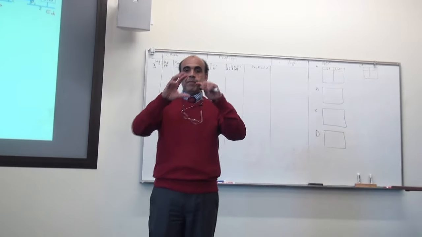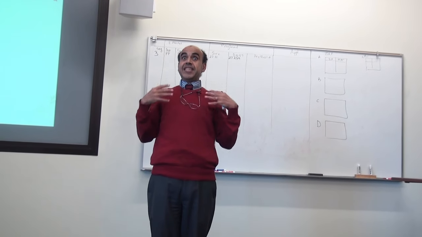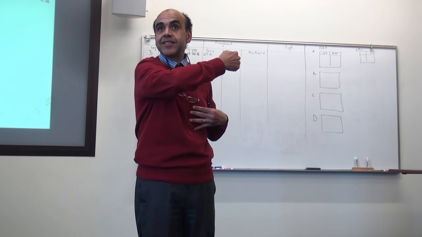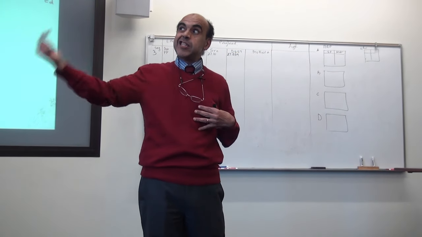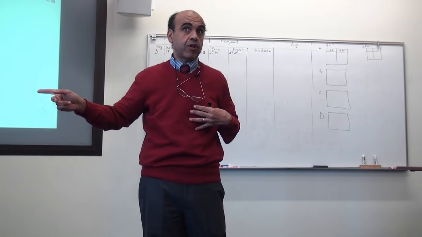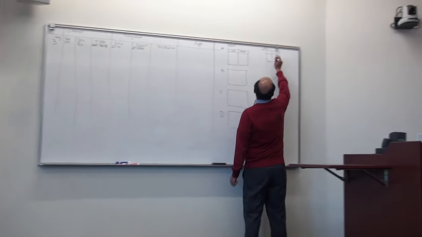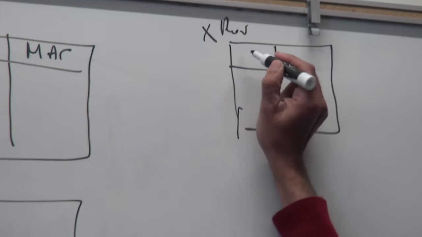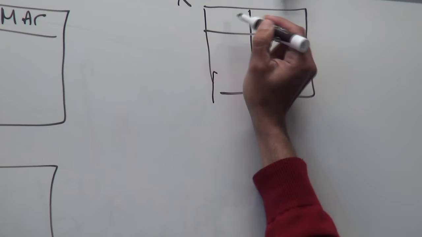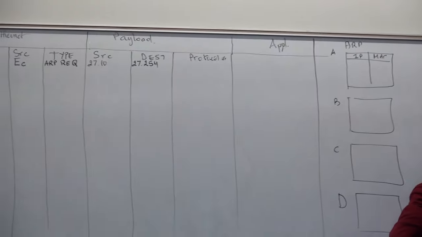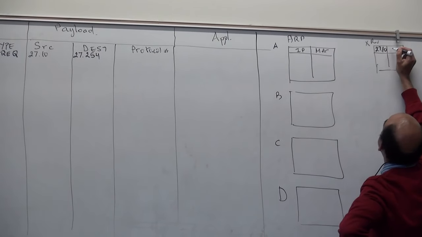Right? So here ARP will say, oh, since it's me, it's only then that he will update the cache. Okay, because he knows he's looking for me, then that means I may need to talk to him. Then router X will remember that, so which IP address will he put down? 27.10, and what is the MAC address?